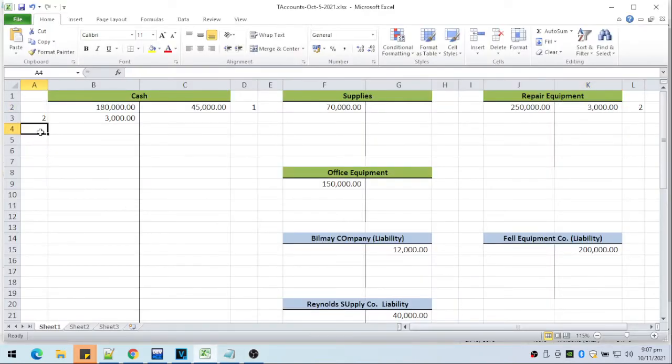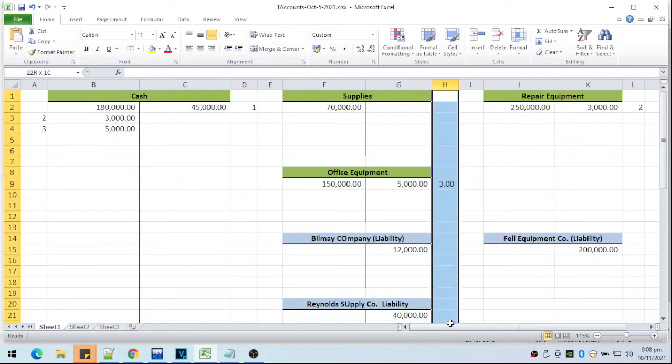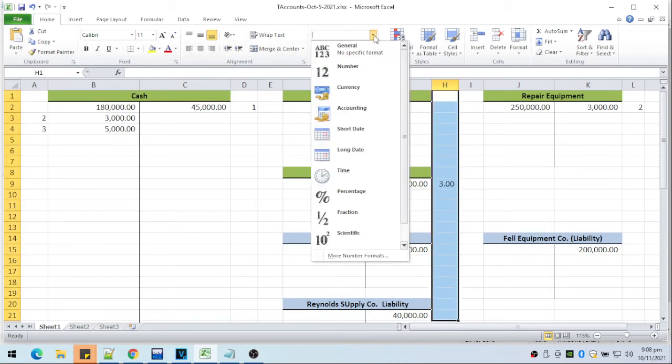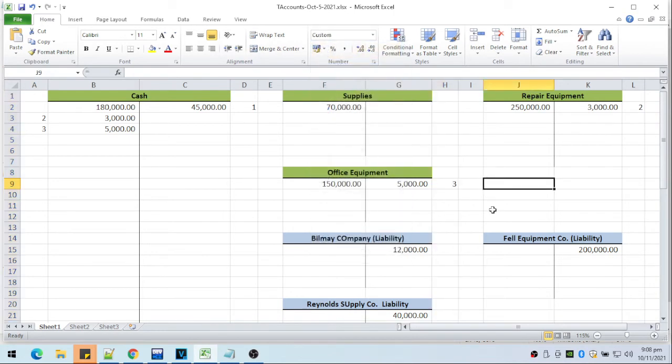So that's transaction number 3. Again, we debit cash and we credit office equipment.